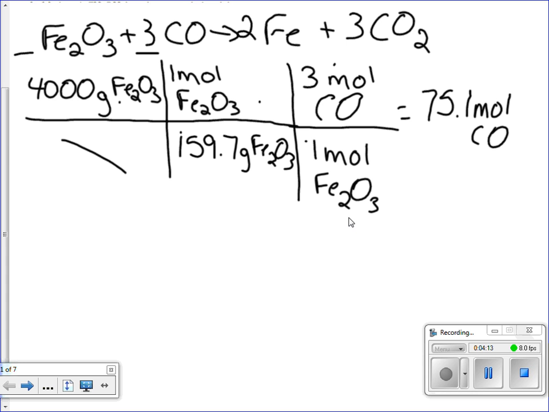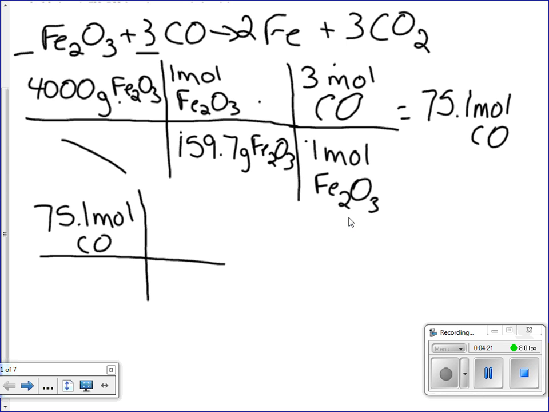So if I have 75.1 moles of carbon monoxide, I'm trying to get to moles of product, and the first product I'm going to do is 2 moles of Fe. So for every 3 moles of CO, I have 2 moles of Fe. I have moles of carbon monoxide here. I can put moles of carbon monoxide down at the bottom, and in my equation, I have 3. From that 3 moles of carbon monoxide, I can get 2 moles of Fe.